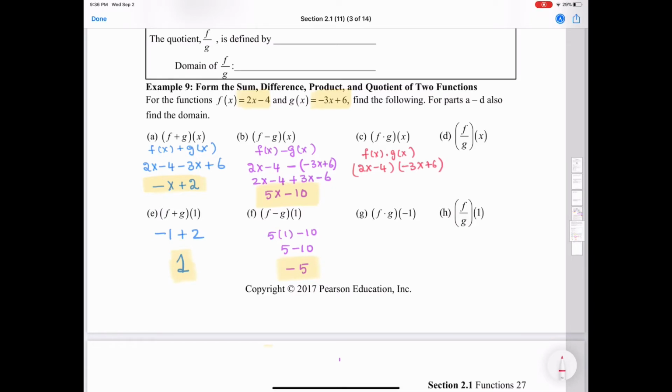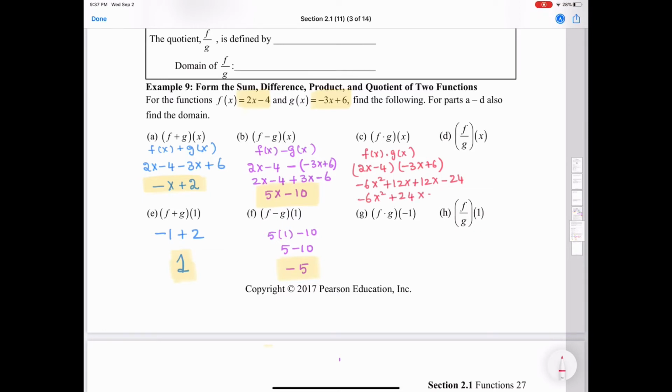So it would be 2x times negative 3x, which would be negative 6x squared. 2x times 6 is plus 12x. Negative 4 times negative 3x would be plus 4 times 3, which is 12x. Negative 4 times positive 6 is negative 24.